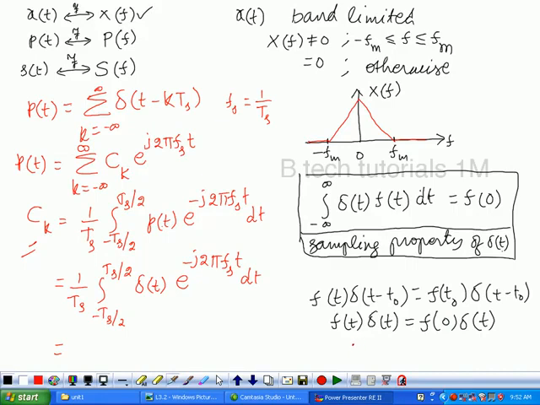Is it right? Now integrate on both sides from minus infinity to plus infinity.